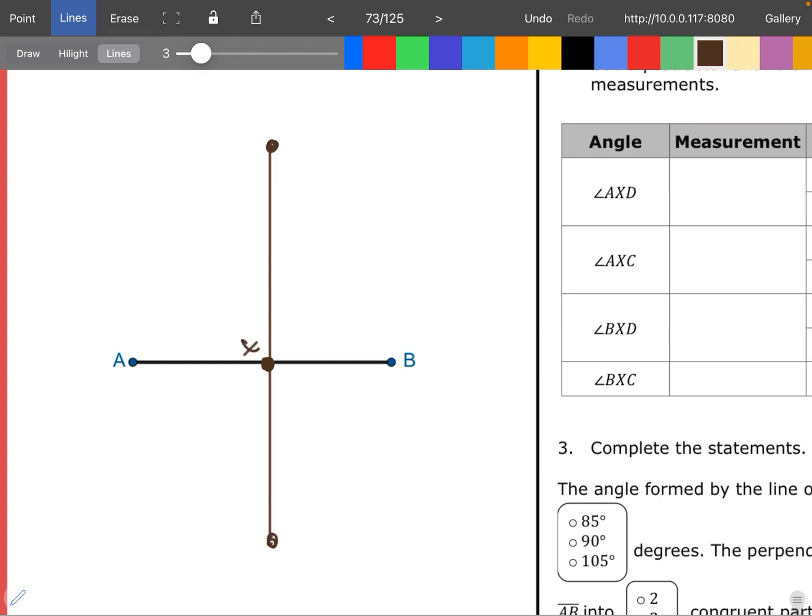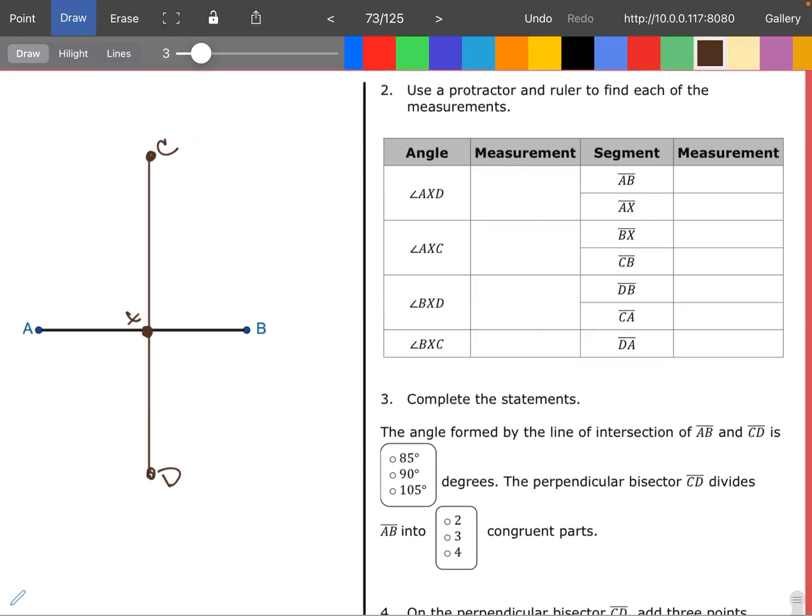This is point X, this is C, and this will be D. Take out your protractor, and you're going to find the measurement of each of these angles, and then you're going to use the ruler part of it to find the length of each segment.